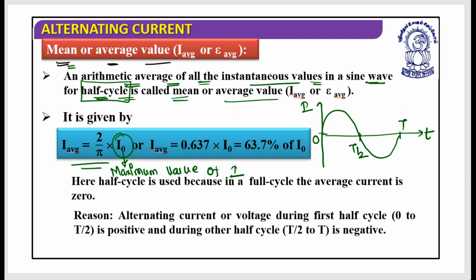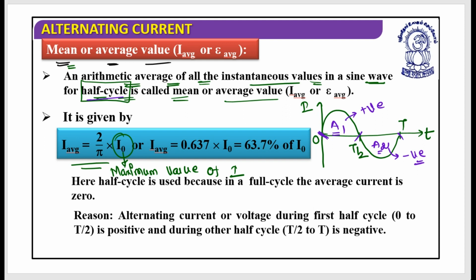If I chose the full cycle and took an average of this, whatever the average of this part, let's call it A1, and whatever the average of this part, let's call it A2. From the symmetry you can see that whatever positive amount this develops, the same amount goes into the negative. So when I add them, this is positive, this is negative, so this will be zero.